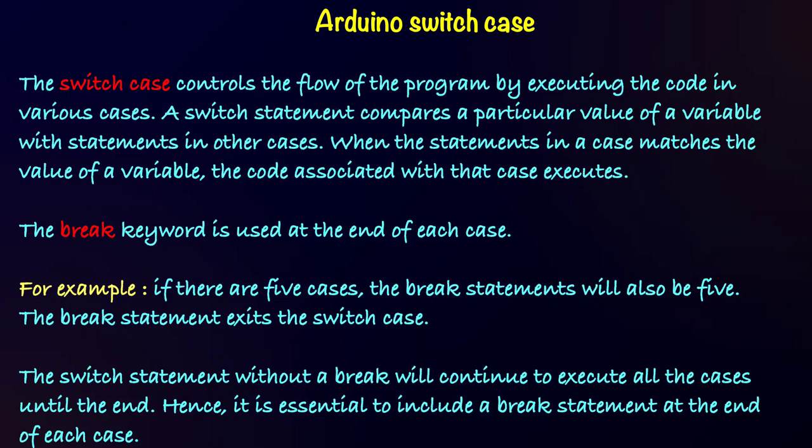So all the cases will be compared altogether with the condition provided within the switch. I hope you understand what I'm trying to say. When the statement in a case matches the value of a variable, the code associated with that case executes.